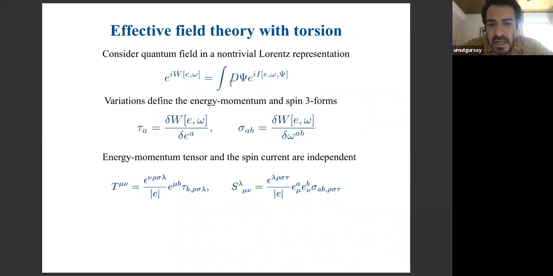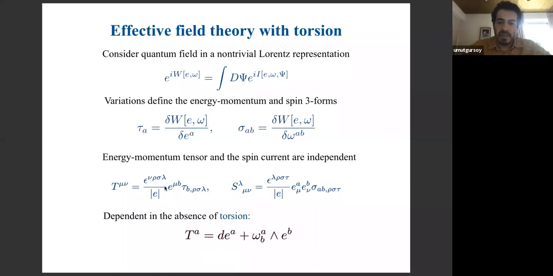Then you can define the energy-momentum and the spin current three-forms by taking variations with respect to the vielbein and the spin connection, which are here treated as sources. To start with, they're independent sources. From the energy-momentum three-form and the spin current three-form, you can construct the spin current itself and the energy-momentum tensor in the usual way, using the vielbein. At least this is not ambiguous.